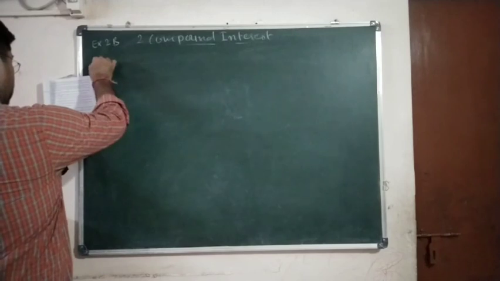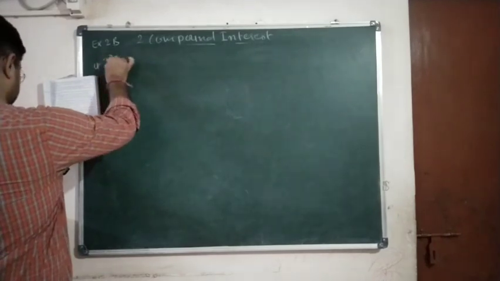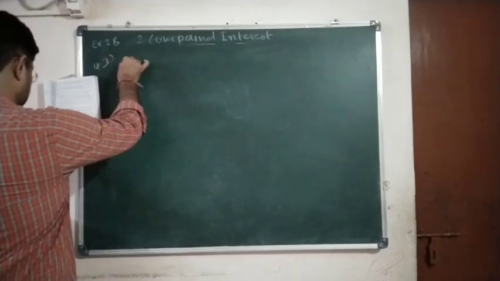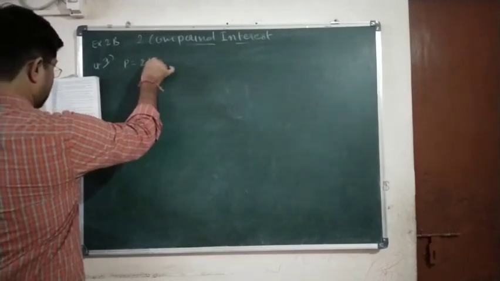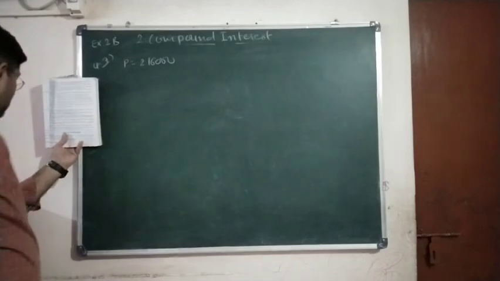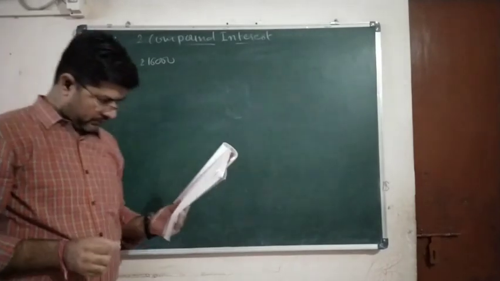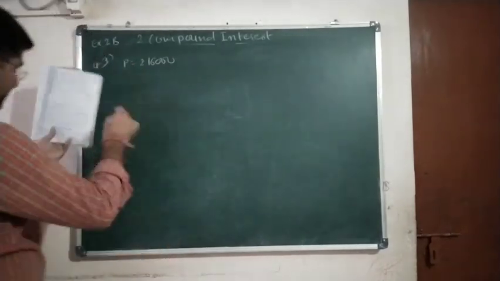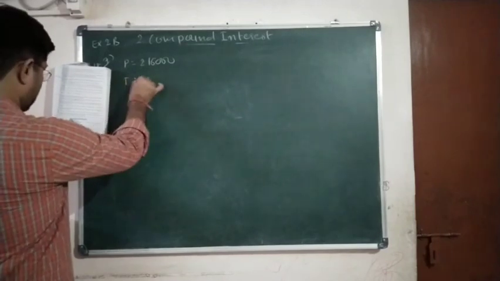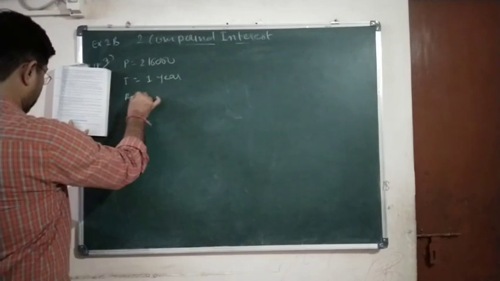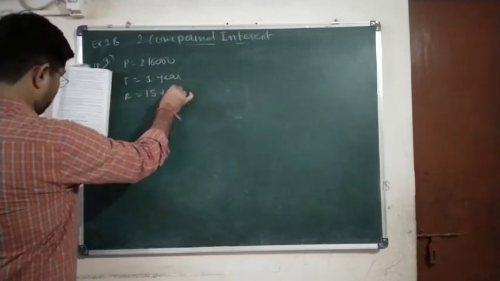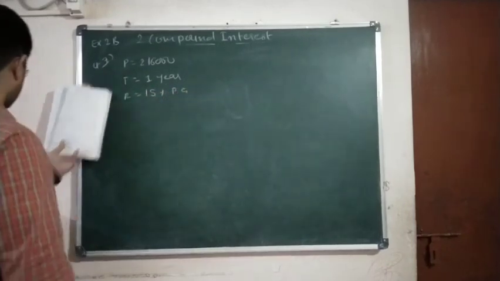Okay, question number 7 now. Principal is given to be rupees 16,000. Principal is 16,000, time is 1 year and rate is 15% per annum compounded half yearly.